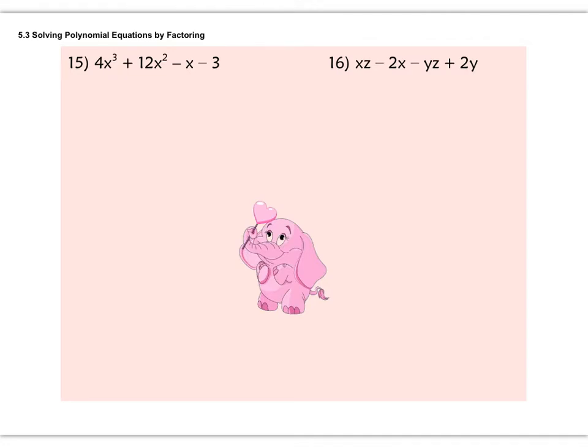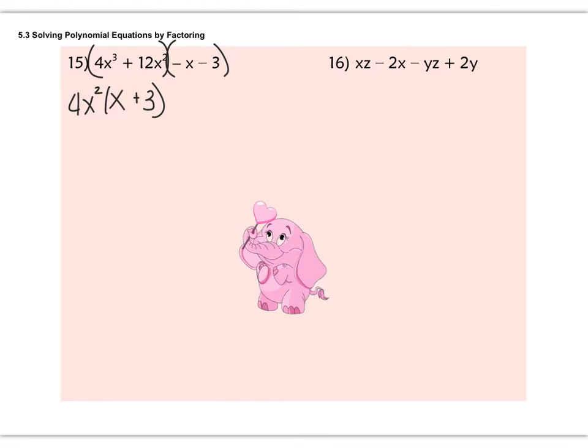All right, so number 15. I'm going to group the first two and group the last two. I have my four terms, so I group them and find the GCF in the first set. I can take out a 4x squared, and I'm left with x plus 3. For the GCF in the second part, there's really no number that goes in there, but we have to take out something.